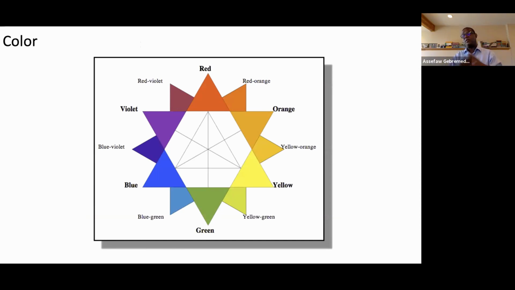In computer vision and data visualization, people have something that they call the color wheel. And this is the color wheel. This has got to do with wavelengths of these colors and how they are distributed and where they lie in the spectrum.